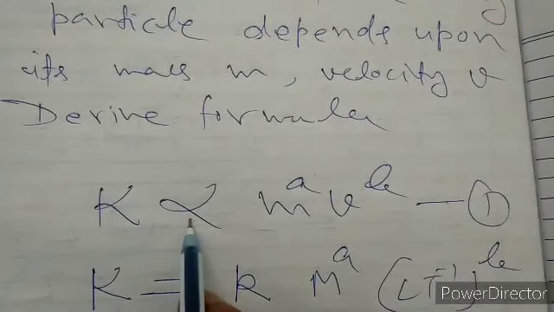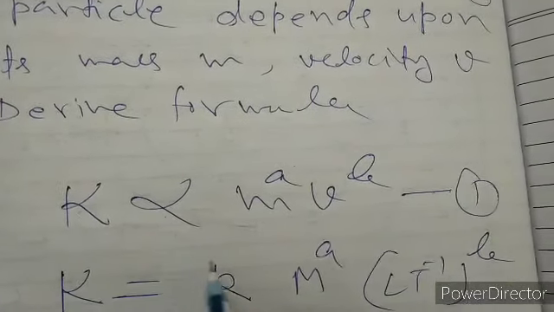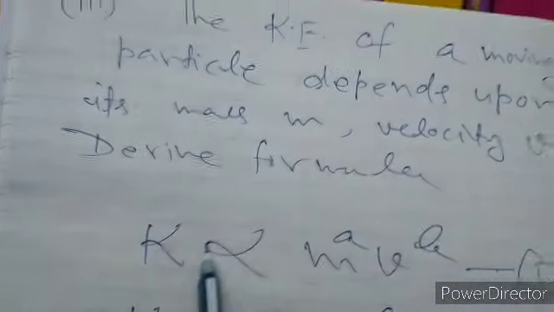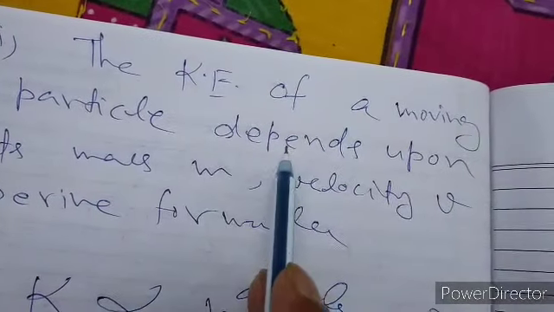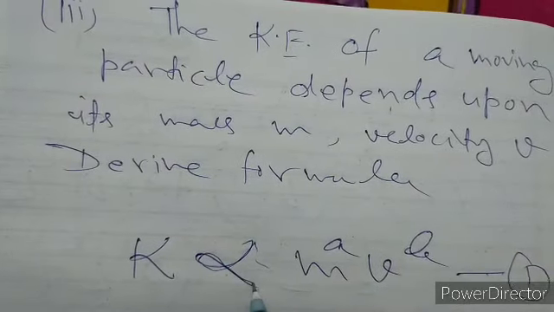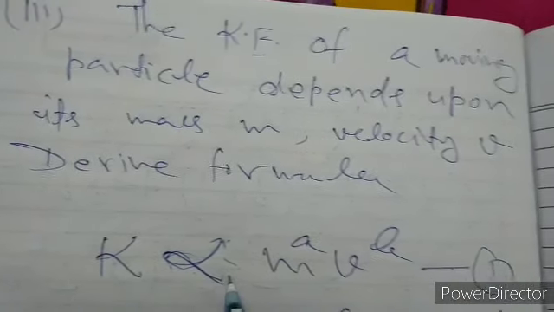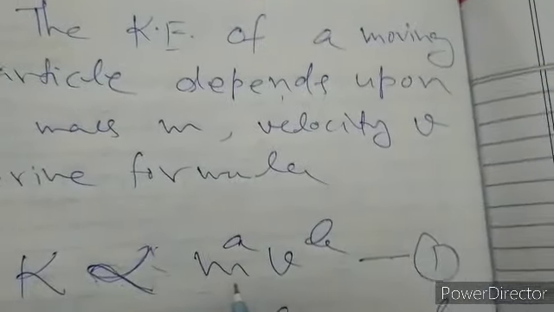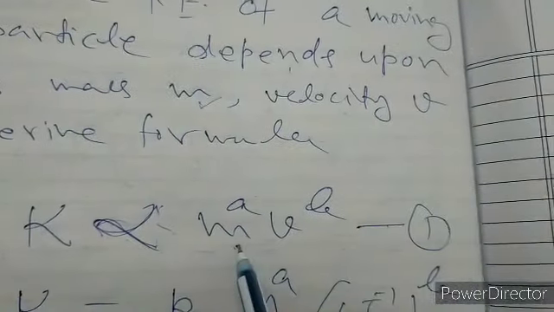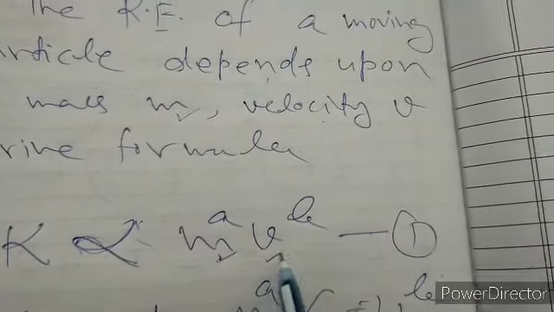Then K is proportional to, how will we derive? See what it depends on. Kinetic energy depends on mass m and velocity v, so write the proportionality sign.